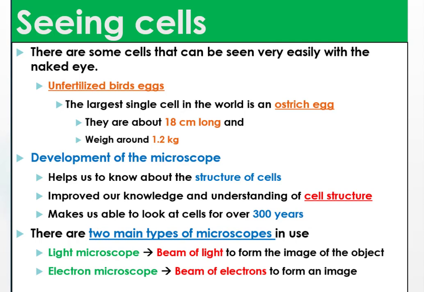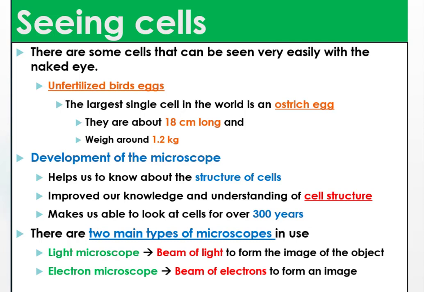The development of the microscope has made human beings able to look at cells for about 300 years. To see structures and specializations of cells, there are many types of microscopes that scientists or biologists have been using. These are the light microscope and the electron microscope.